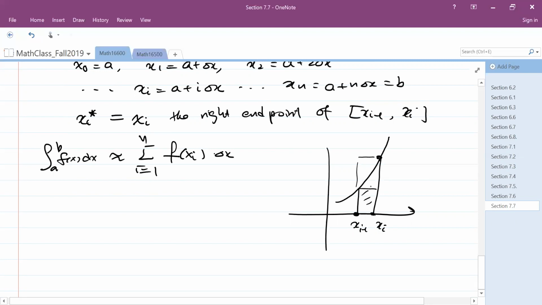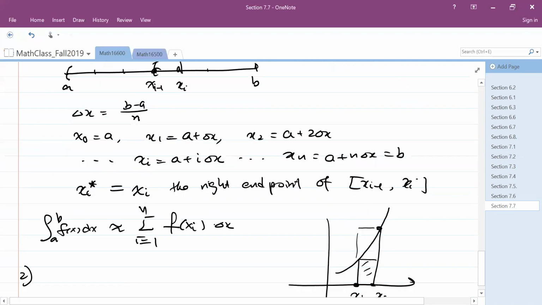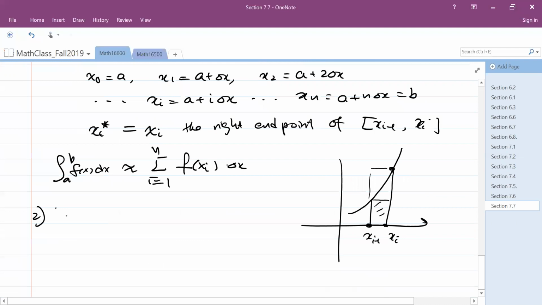So the second part is the left end point as approximation. I'm not going to draw the picture again. Let me use this for the left end point approximation. Okay, xi star is going to be xi minus 1.